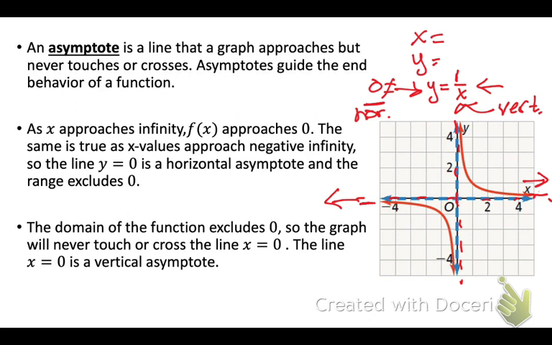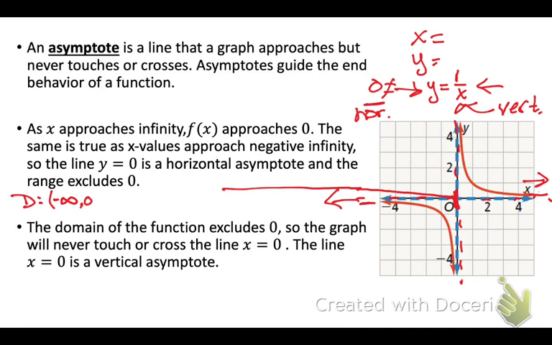So if I were to ask you the domain and range, the domain, if we put it in set notation, would be negative infinity, because I'm coming from this way, right? And I go to everything and stop at 0, at x is 0, right?